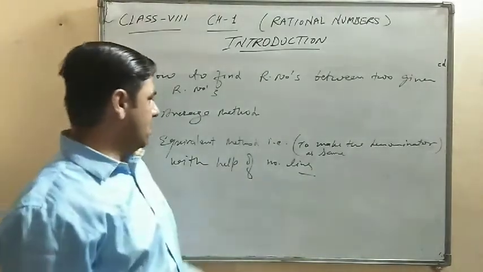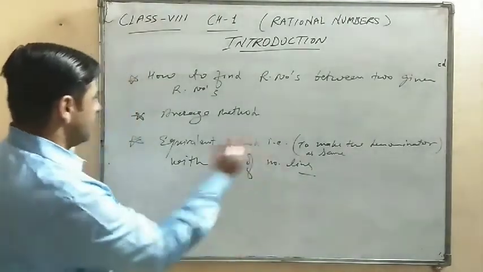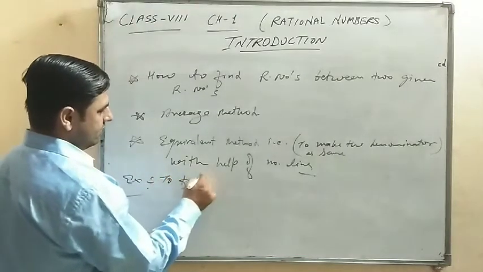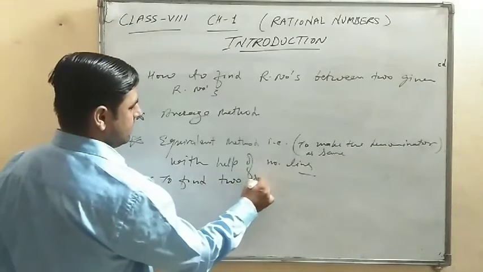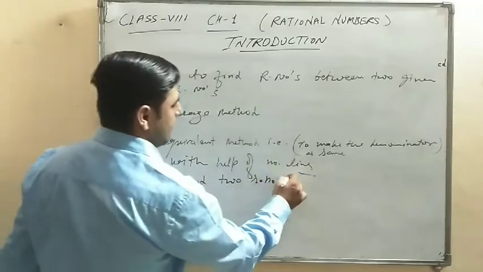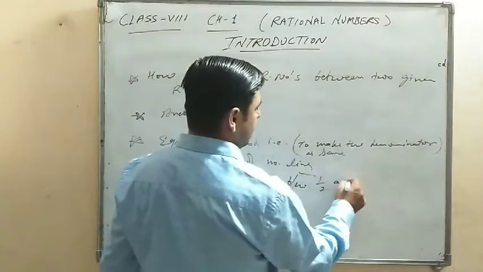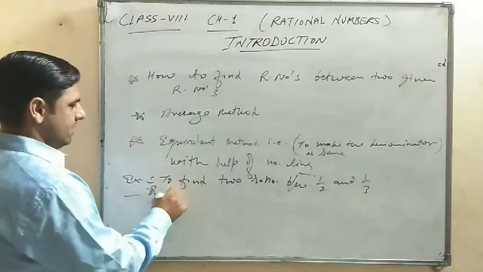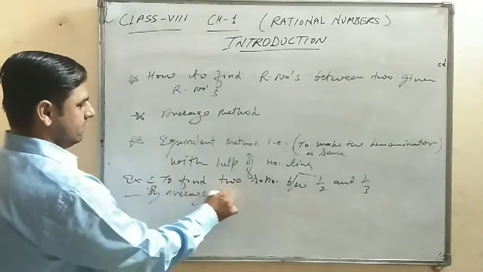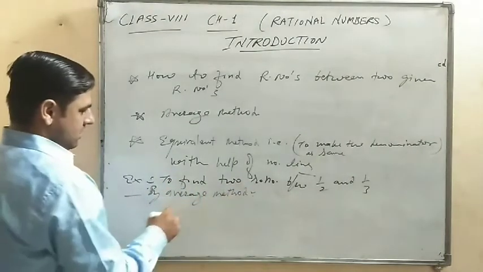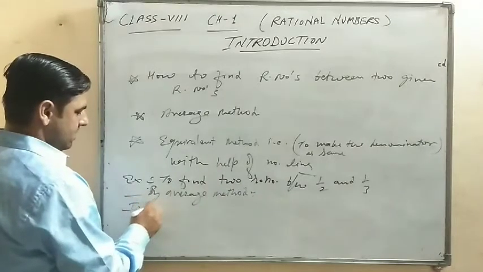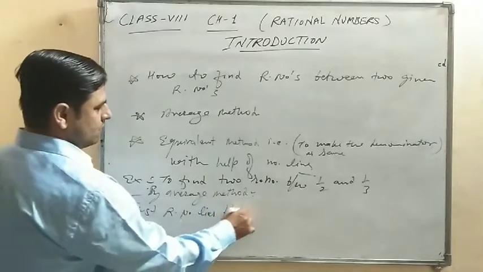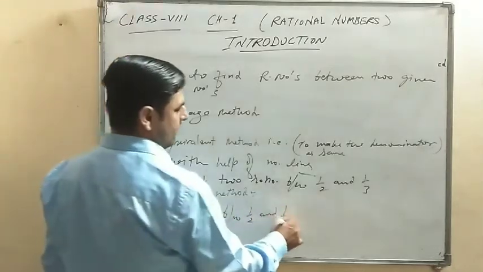So for example, suppose we have to find two rational numbers between 1/2 and 1/3. So by the average method, the first rational number lies between 1/2 and 1/3.